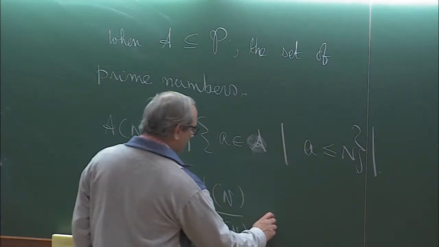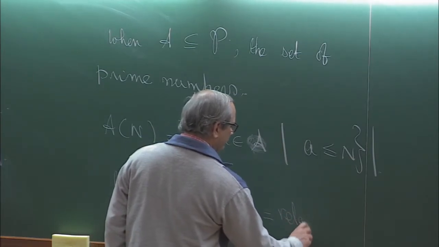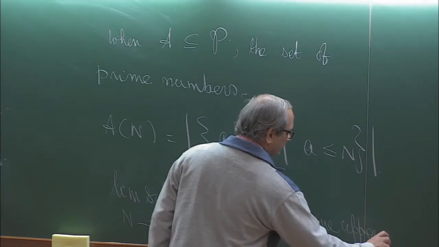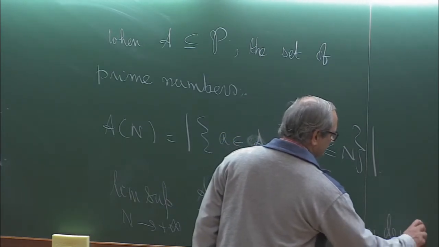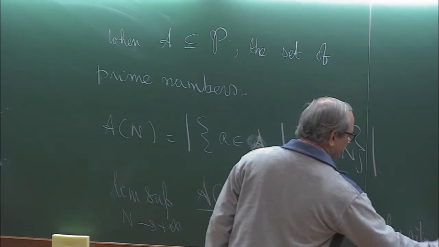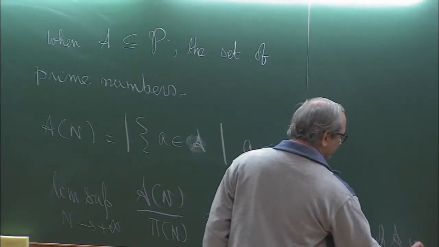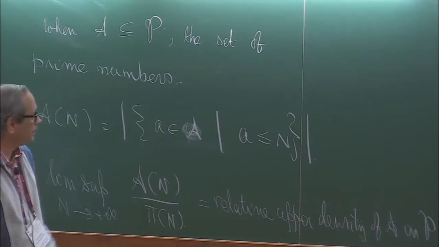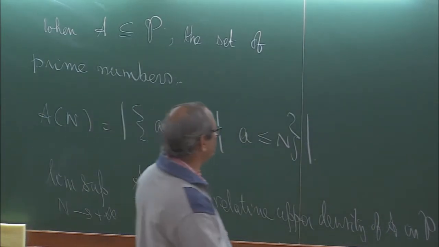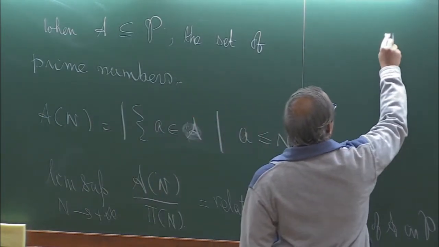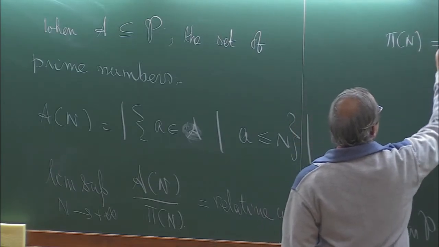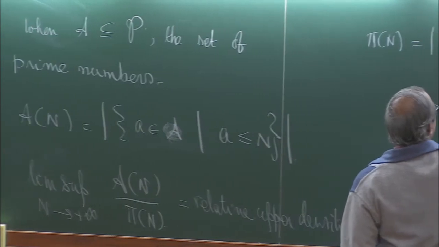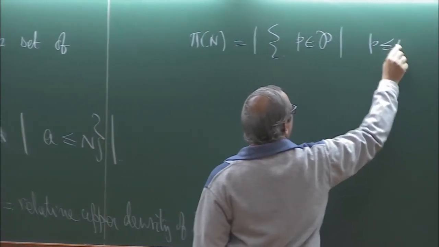This is called the relative upper density of A in P, where here pi(n) is of course the standard arithmetical function, which is the number of prime numbers in P less than or equal to n.